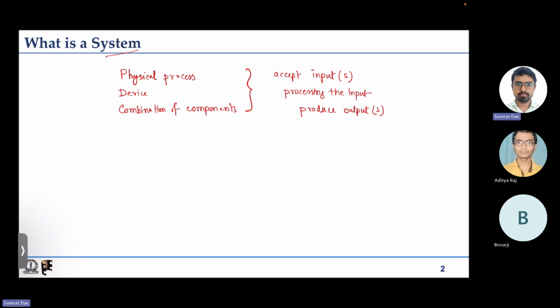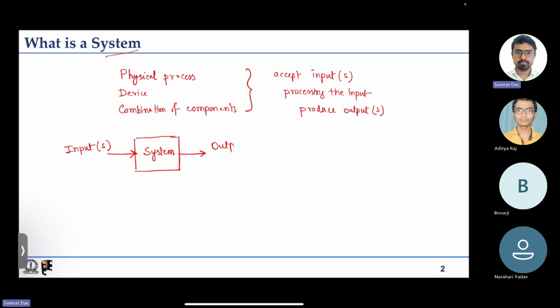So if I want to represent that using a block diagram, say this is a system. I don't know what is there; it is a black box to me as of now. That will accept one or multiple inputs, and give out some output, or multiple outputs. So this is what we mean by a system.